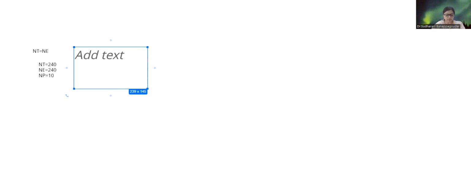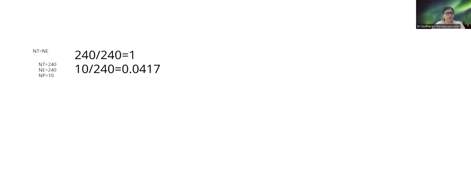Then another example for the same NT and NE, using a different intake number, where NT was 200 and NE was 250, which equals 0.8, and for NP it was 50 upon 250, which equals 0.2.